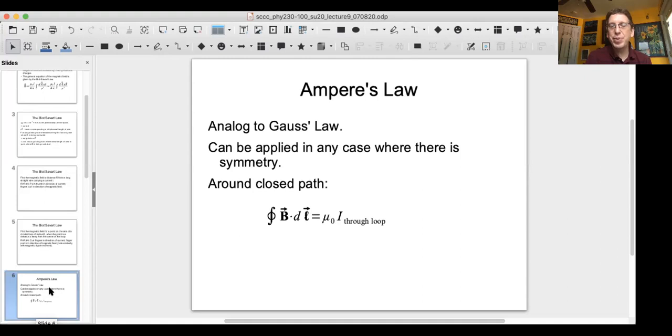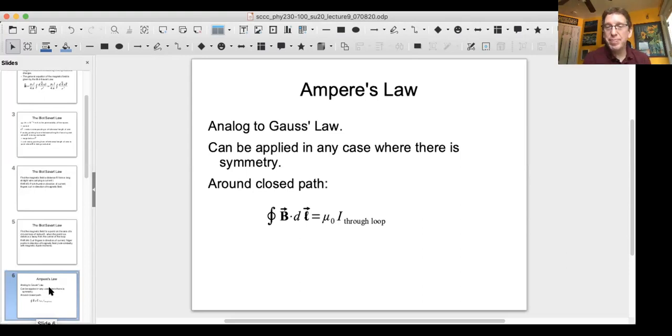So that comes into play in Ampere's law. Ampere's law is similar to Gauss's law, in that it's a magnetic relation that you can derive from the Biot-Savart law, the way you can derive Gauss's law from Coulomb's law.